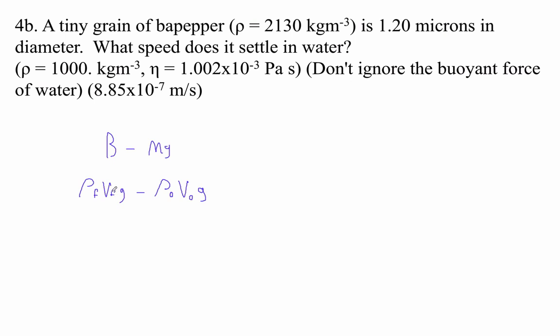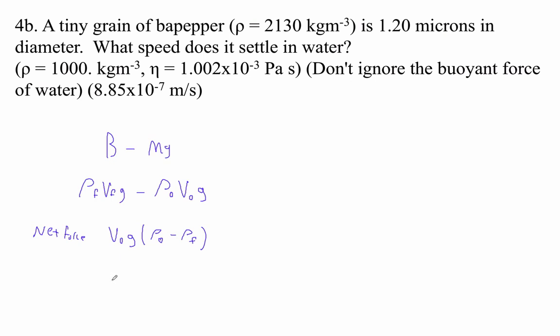Well, the volume of the fluid displaced and the volume of the object are the same, right? So the net force, which is going to become the Stokes force here, is volume of the object times g, times the difference in those densities, so density of the object minus the density of the fluid, right? So you can save a lot of steps here.